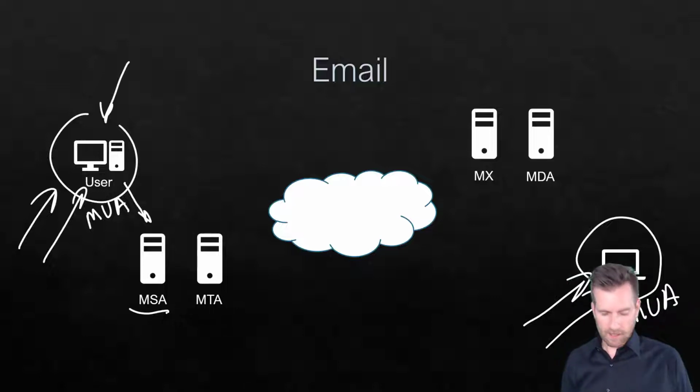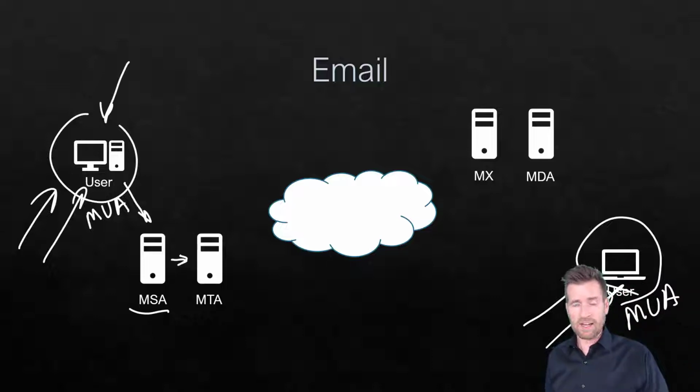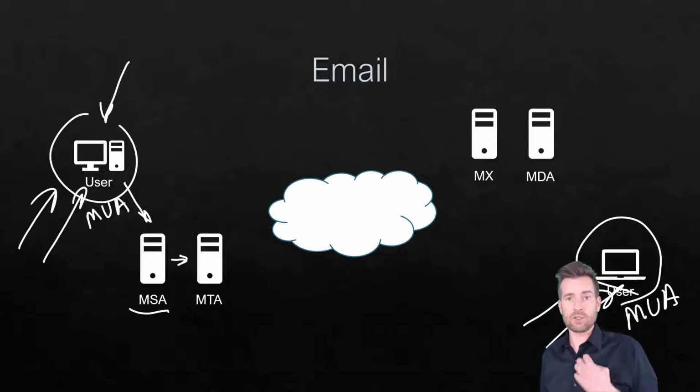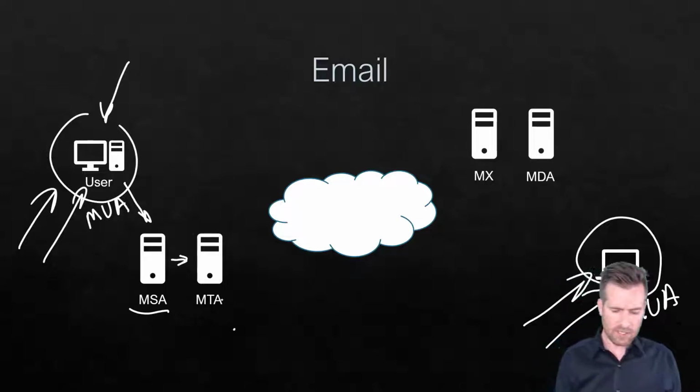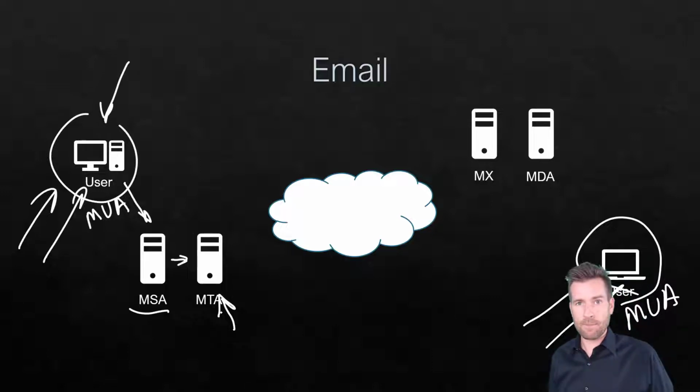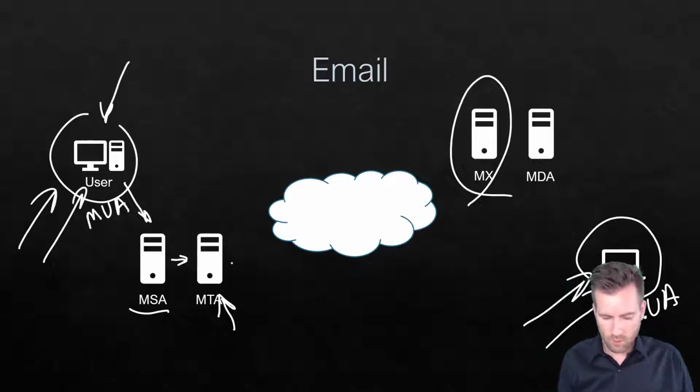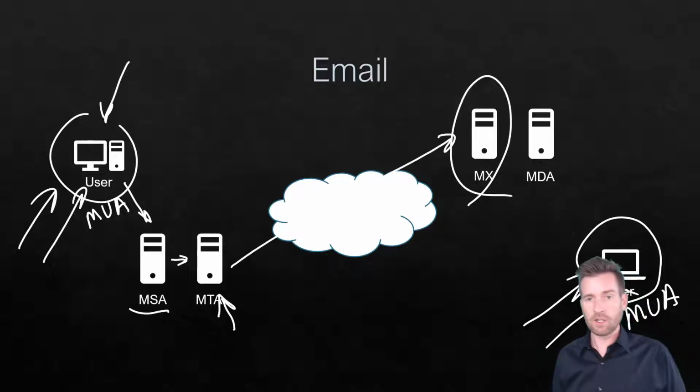All right, from there, it's going to transfer it to a mail transfer agent. The mail transfer agent is designed to get it to its destination, where it needs to go. And so this is the machine that actually does the lookup and tries to figure out what the MX record is for the domain that you're sending it to. So it looks it up and determines what server it needs to go to, and then relays that email to it.